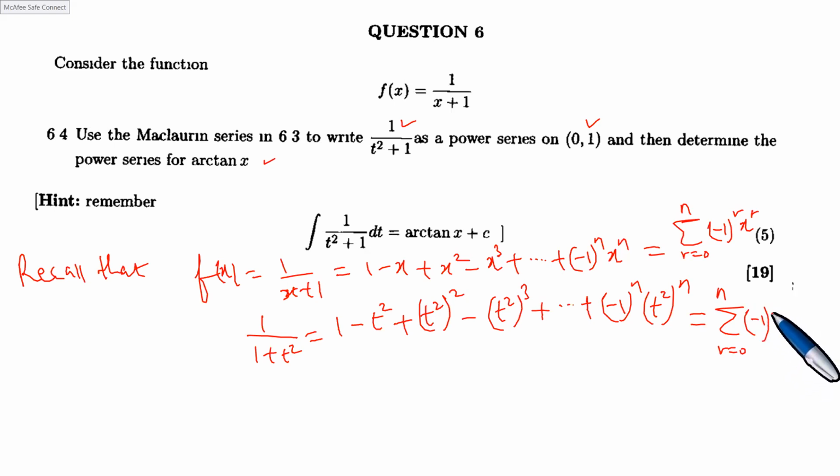So you have here up to r, t squared to the power r. Okay. So we have written the one over this. You can write it like this, t squared plus 1, and 1 plus.